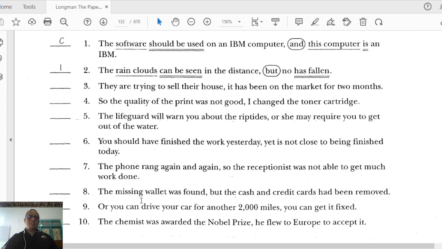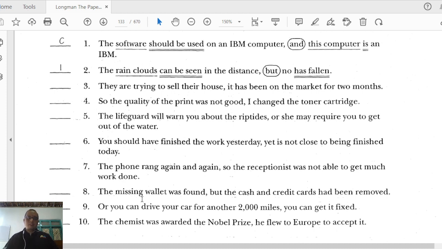Number 5. The lifeguard will warn you about the rapid tides. Riptides, yeah. Okay. So the lifeguard will warn you about riptides, or she may require you to get out of the water.